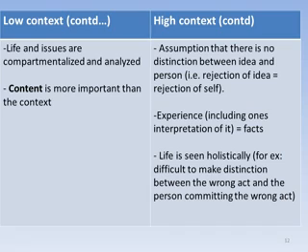And life is seen very holistically, so it's difficult to make distinctions between a wrong act and the person who committed the wrong act. On the other hand, here in America, we compartmentalize our lives, we compartmentalize our issues, and so we don't see those things as interrelated nearly as much as many other cultures do. And the content, what actually happened, the facts of what happened, become more important than the context of what happened.